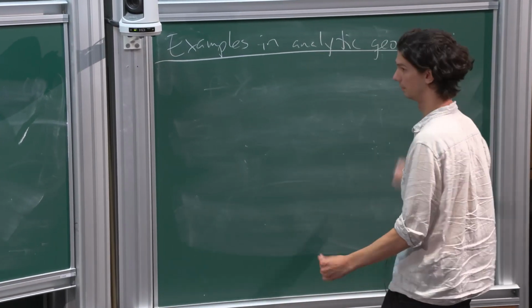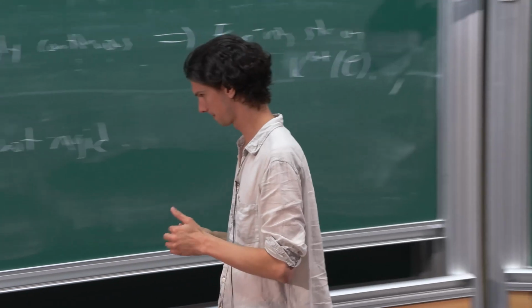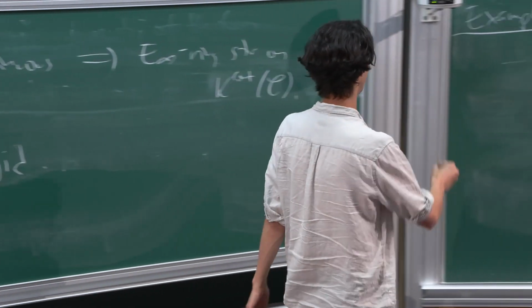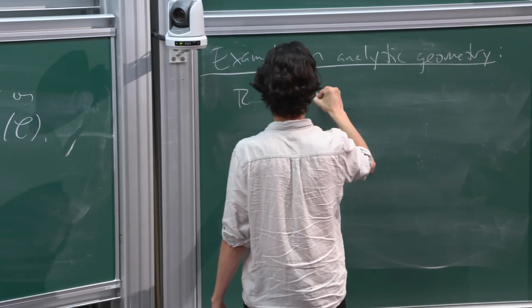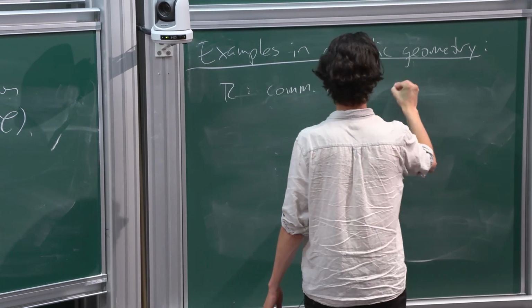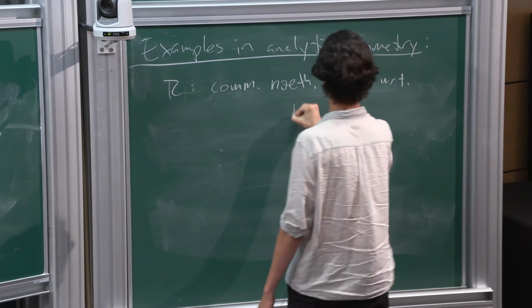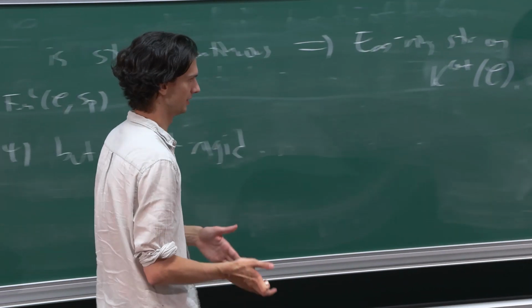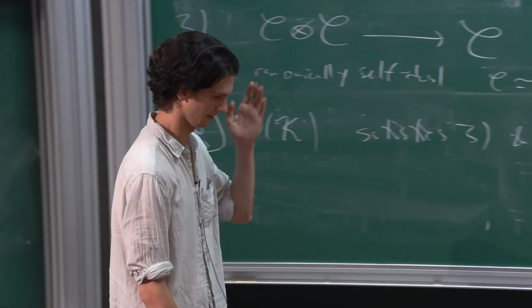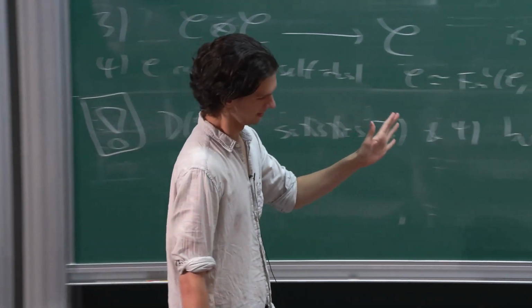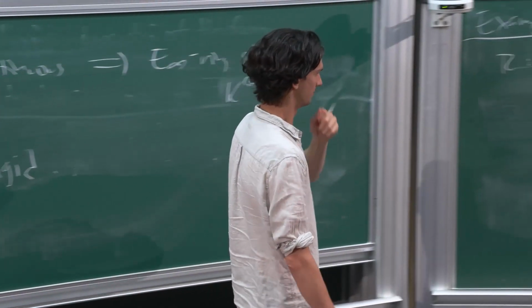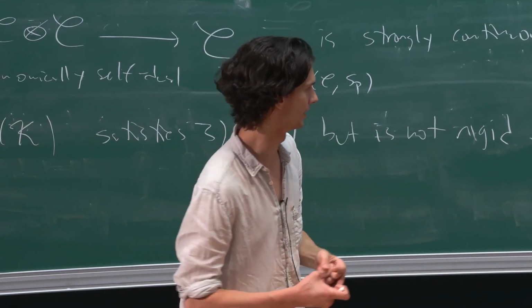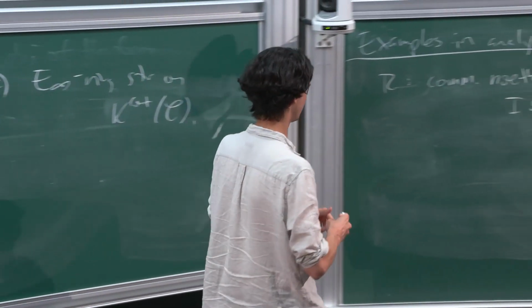I'm going to return to the situation that we had yesterday, where R will be a commutative Noetherian ring, complete with respect to an ideal I. And I had this ad hoc description of what I called the nuclear category of R, using these idempotent algebras with some endomorphisms of some completed direct sum modulo compact endomorphisms. And now I want to give a better perspective on the same category.